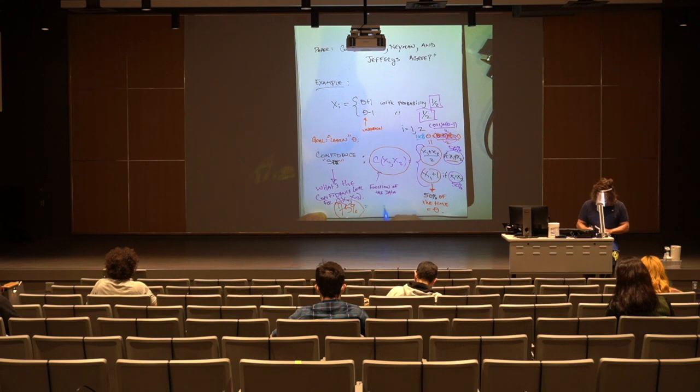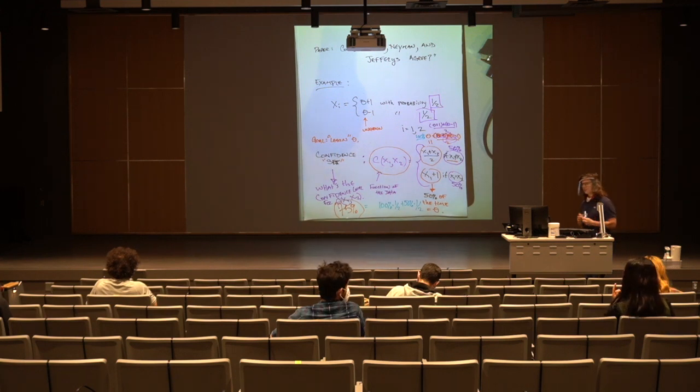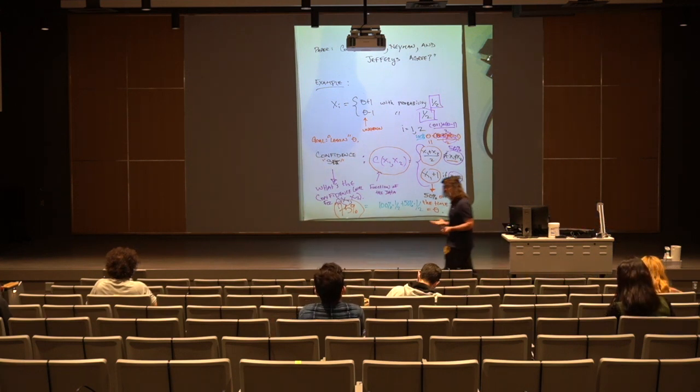So I've got 100% happening with probability 0.5, plus 50% times 0.5. Those are the 0.5s. That's 75%. So this is a 75% confidence set.